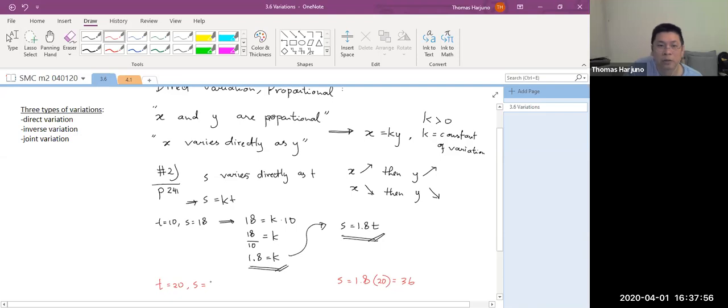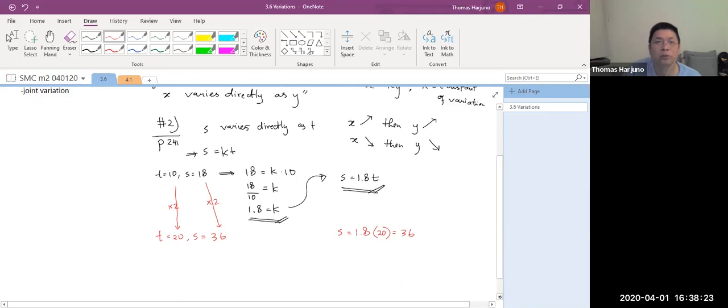Right? Now you see what I said earlier: if we increase T, then S will also increase. In fact, if we double one of the variables, then the other variable will get doubled too. If we triple one of the variables, then the other variable will get tripled. That's for direct variation, or proportional.